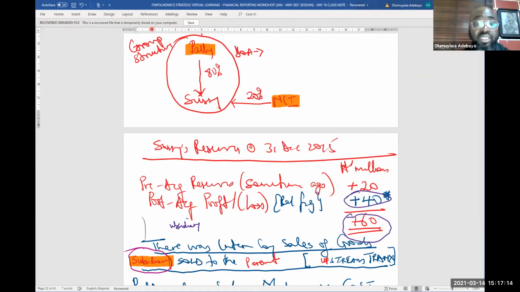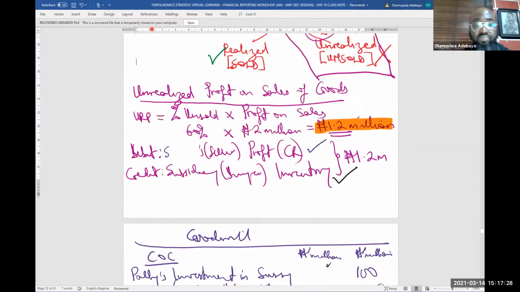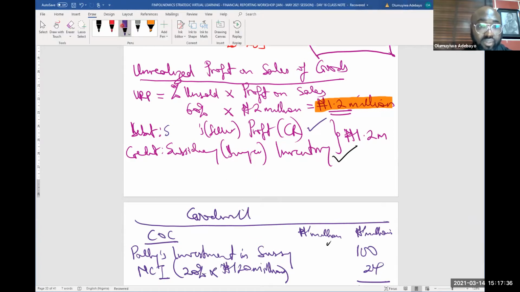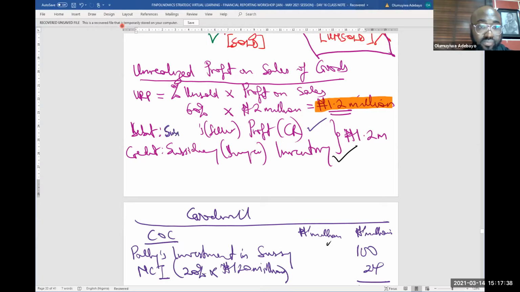Which means invariably they will suffer that reversal or reduction in profit in the ratio they share profit or loss, which in this case is 80% and 20%. Therefore, this subsidiary profit that we are adjusting for will eventually affect the parent and NCI.